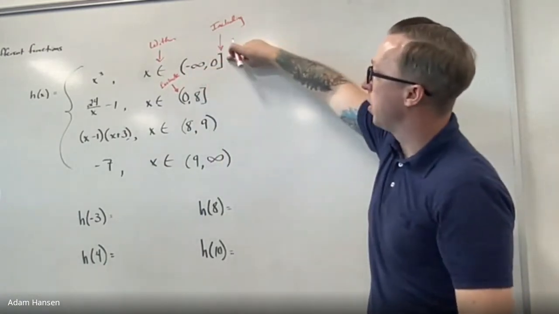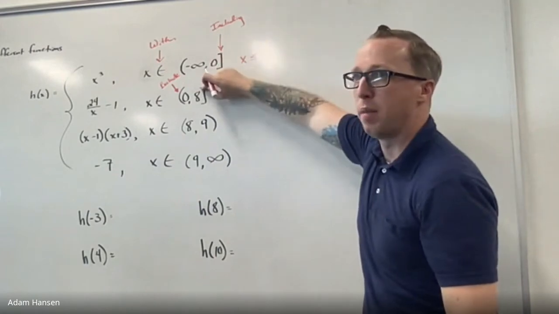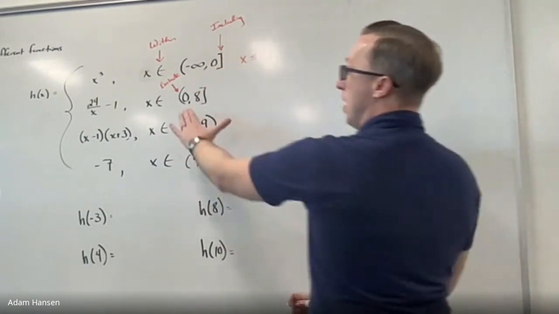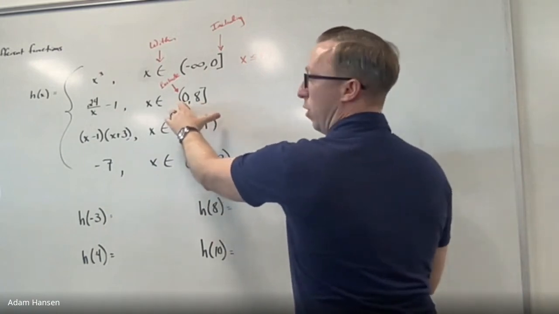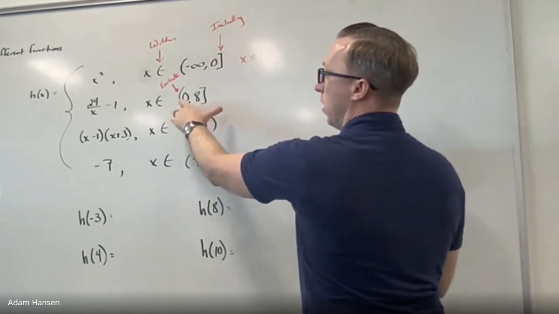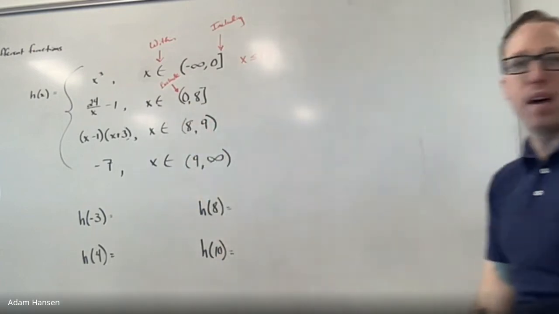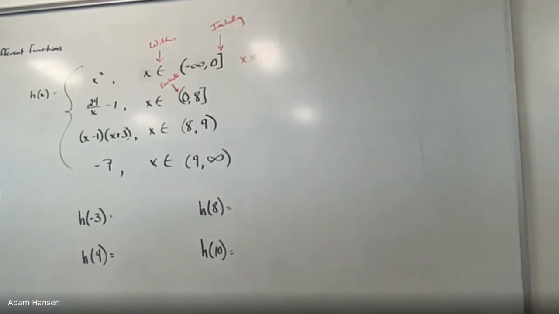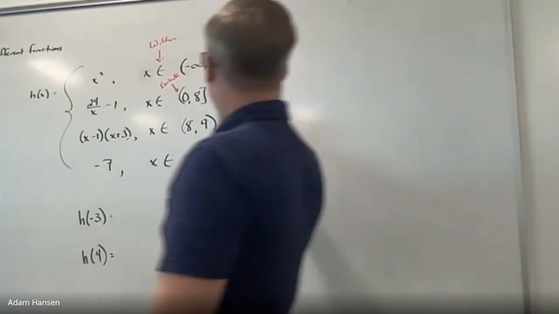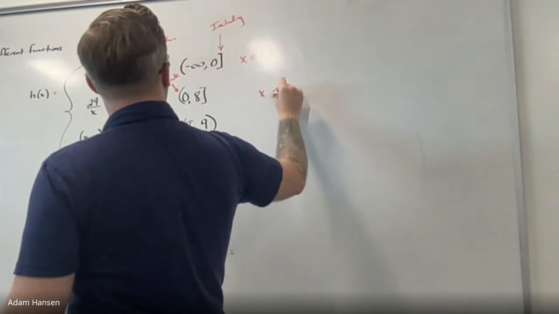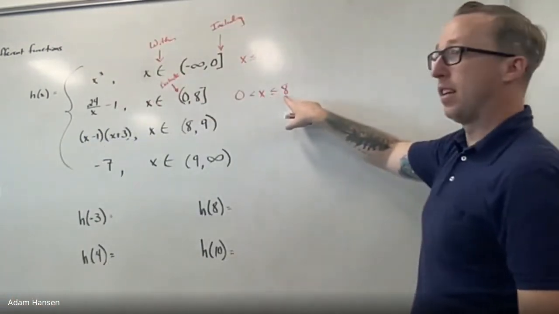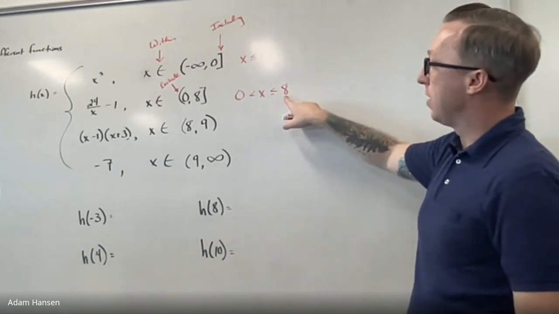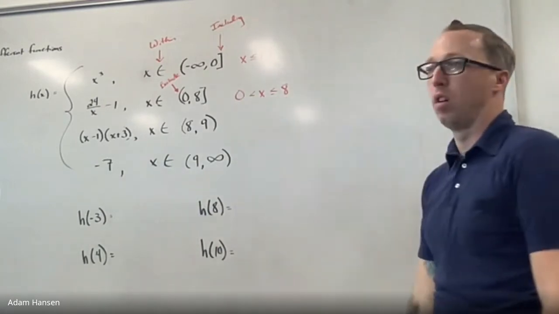I just plug 0 in using this top function, not the bottom one. This is every number between 0 and 8, including the right endpoint but not the left. All possible values between 0 and 8, but not 0 itself. As an inequality, that means x is less than or equal to 8, and at the same time, x is greater than 0.